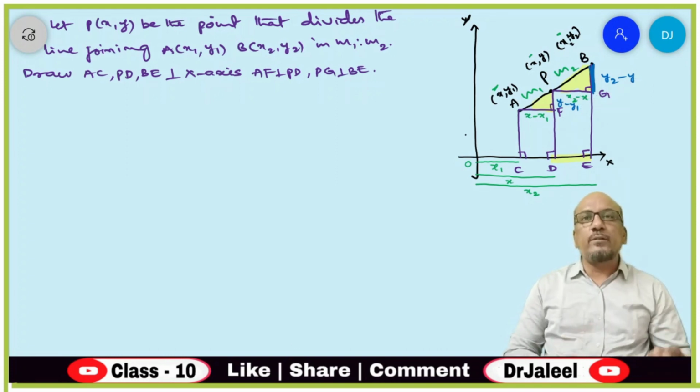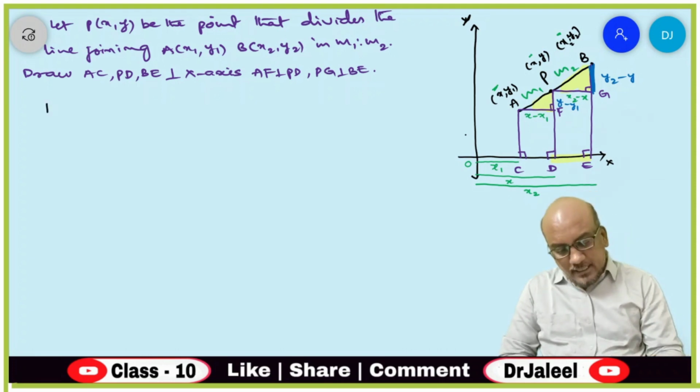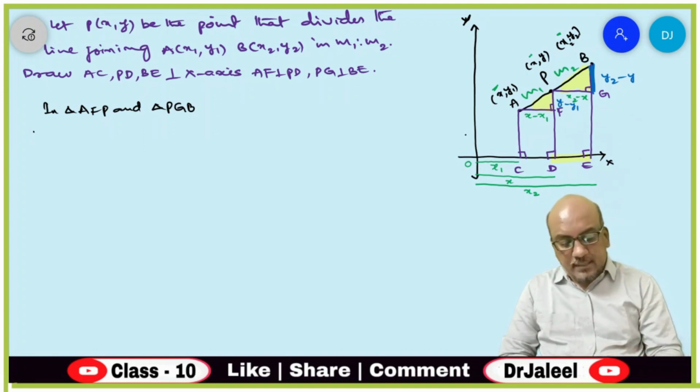So children, we now know the sides. Now we will compare both the triangles. In triangle AFP and triangle PGB, we discussed the angles. Which angles are equal?